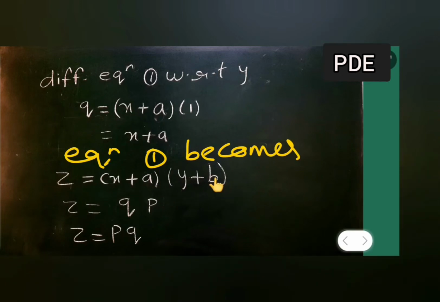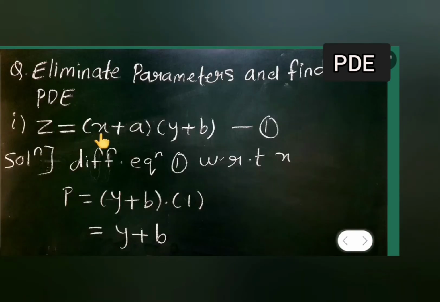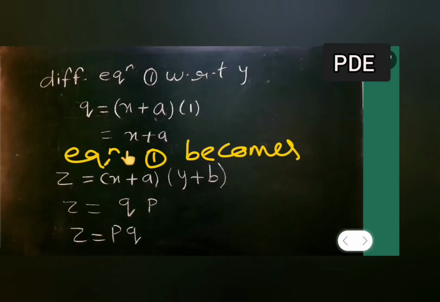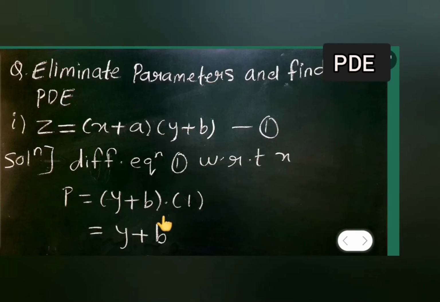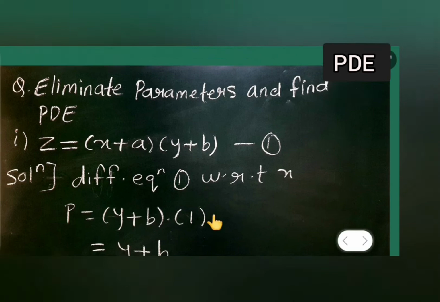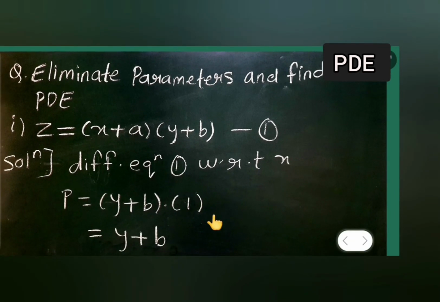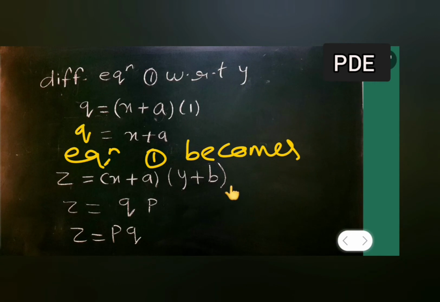Now this equation 1 will become z is equal to, what is x plus a? x plus a is nothing but q. So place the value. What is y plus b? Nothing but p, right? This is p, and this is nothing but q, right?